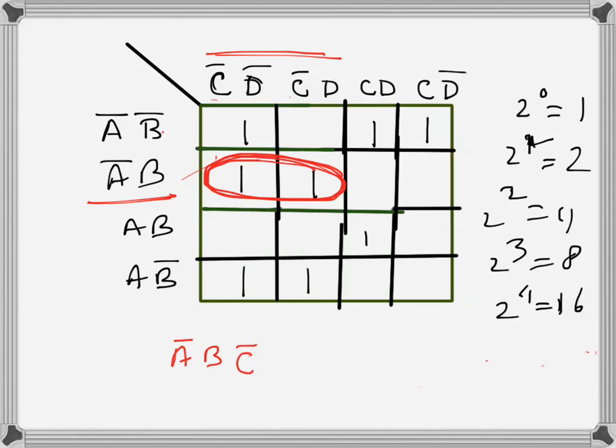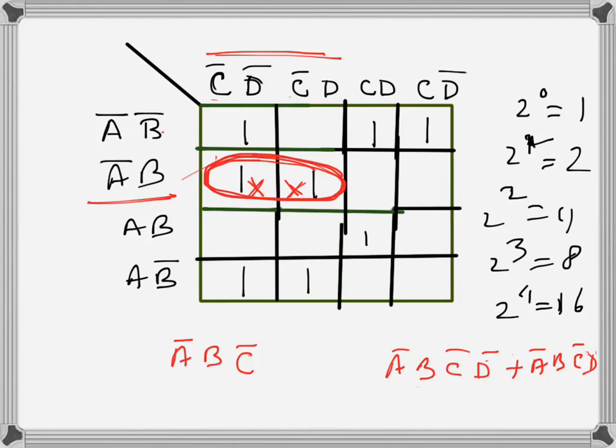But how do we actually get it from the K-map? If we write these two terms by themselves in Boolean algebra, the first one is a bar b c bar d bar, and the second one is a bar b c bar d.